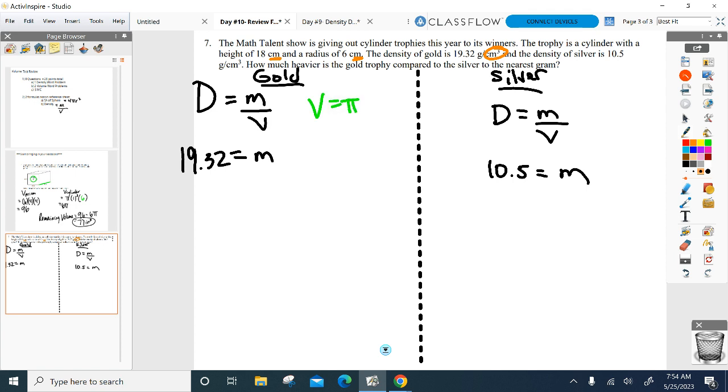Good. And everything's given to you. Wow, look at that. We made this one easy for you. Pi times 6 squared times the height, 18.